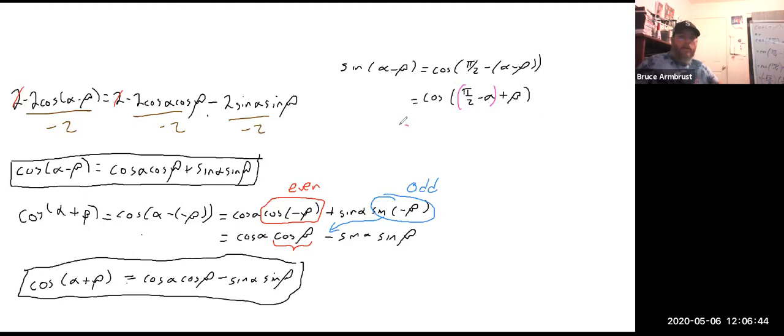All right, so this is going to equal cosine of pi over 2 minus alpha times the cosine of beta minus the sine of pi over 2 minus alpha times the sine of beta. So again, I'm just using this identity. I'm just reinserting, changing the names.